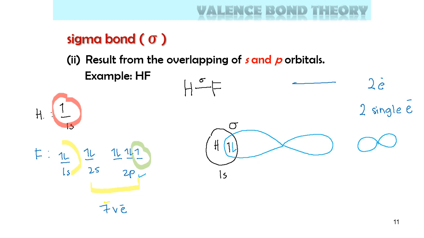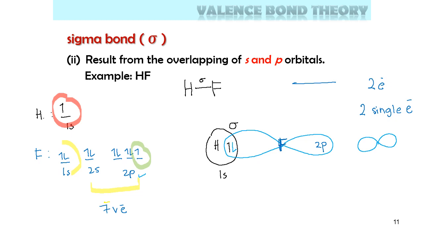For the 2p orbital here, don't forget to label the 2p orbital. 2p is the dumbbell shape, and this whole blue part is the 2p orbital. And then this is fluorine atom, so we will label in the middle.